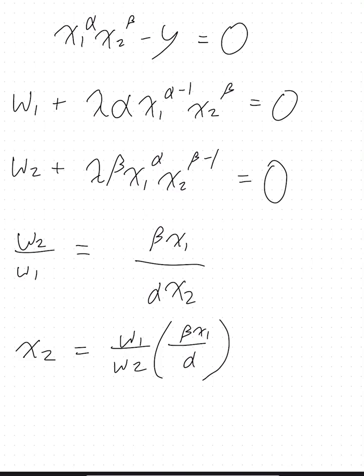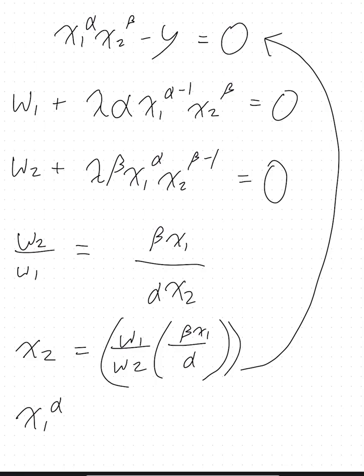So then we can plug that into this equation up here and proceed with the algebra. x1 to the alpha times x2 to the beta, which becomes this to the beta, is equal to y.